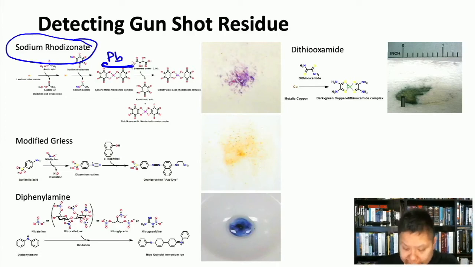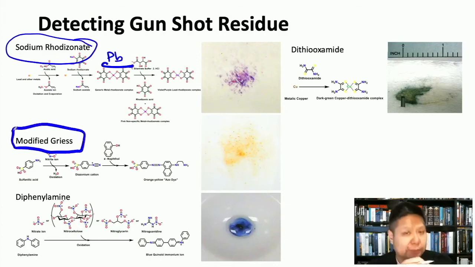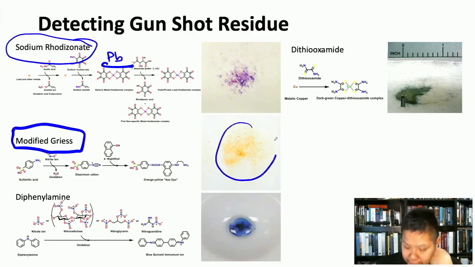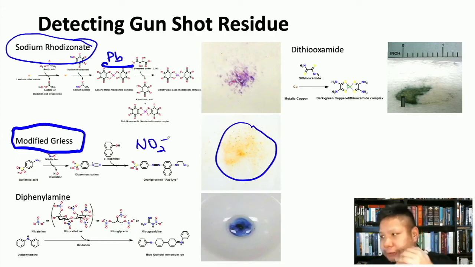There's another test that you can do too, right here, called the modified Griess test, and it's got multiple different chemicals in it that will react and give you an orange color in the presence of NO2 minus. So NO2 minus is actually nitrite, right?